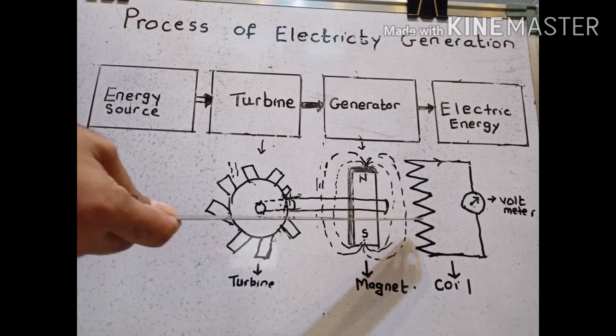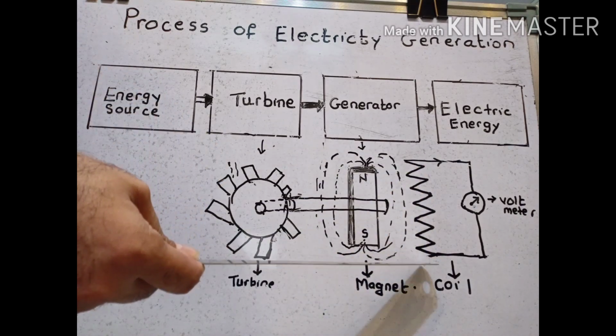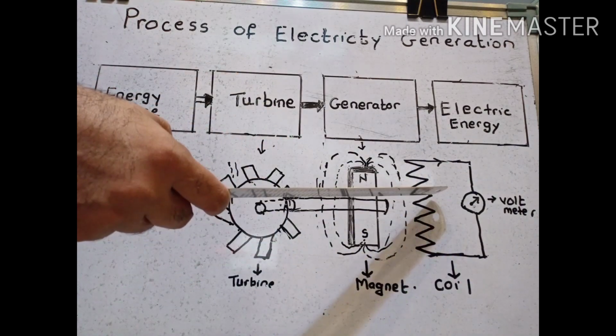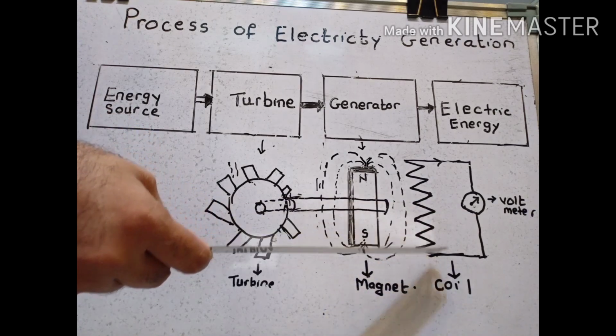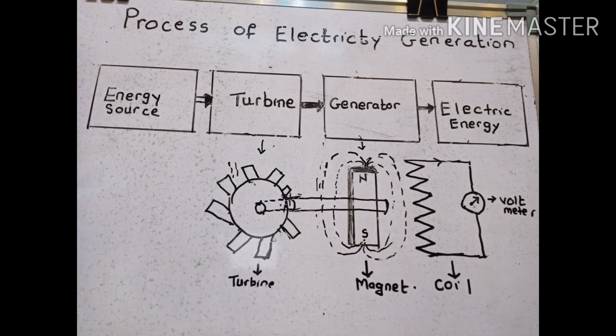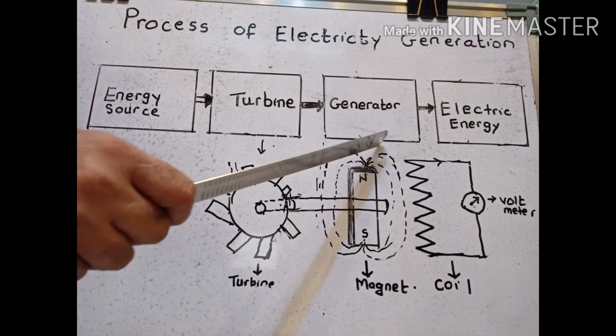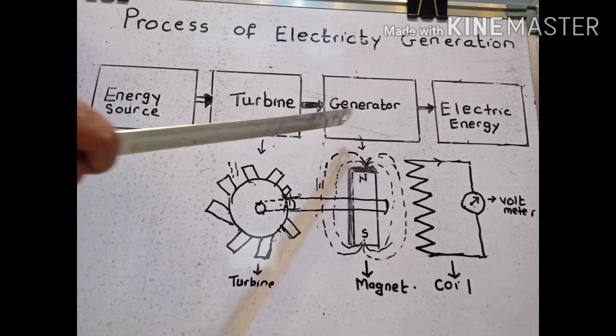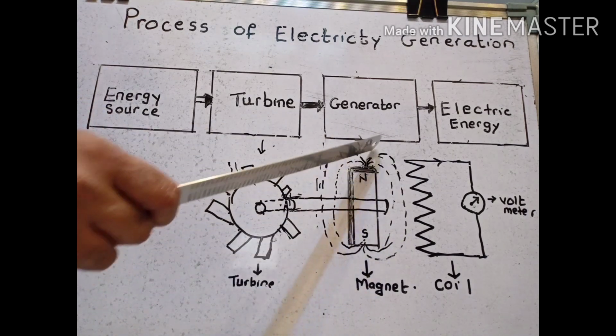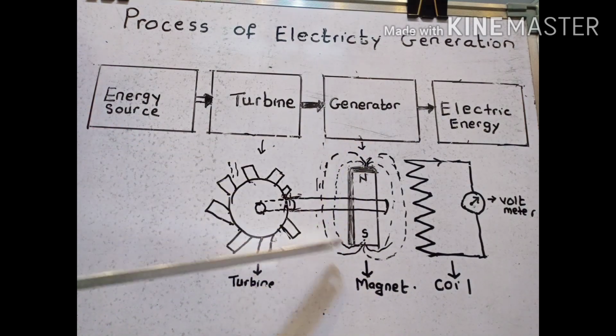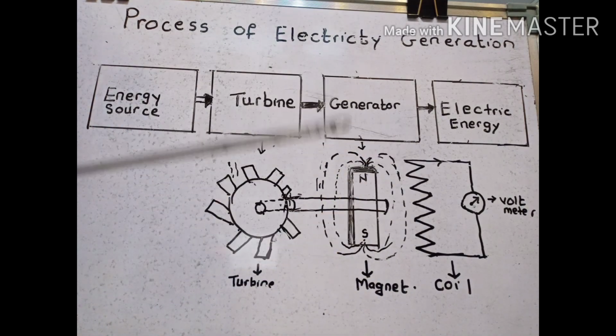Now near this magnet you will have a coil which is kept, in which electricity is to be produced or induced. All of you students know that every magnet has its own magnetic field in which there are magnetic lines of force. Now we are going to study the principle of electromagnetic induction.